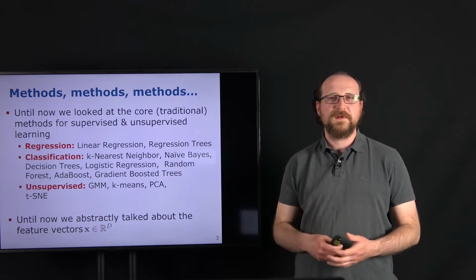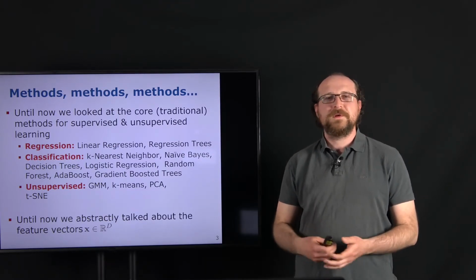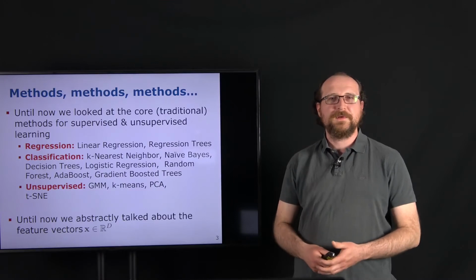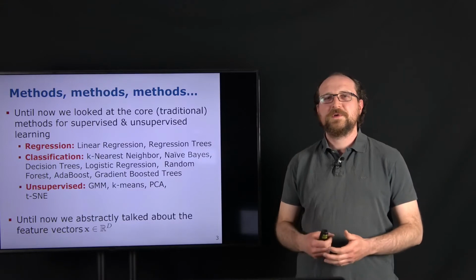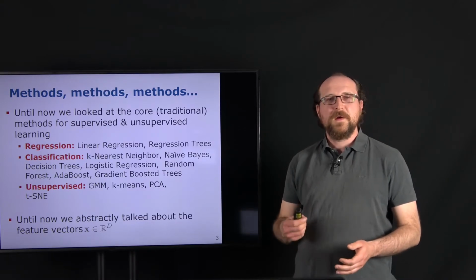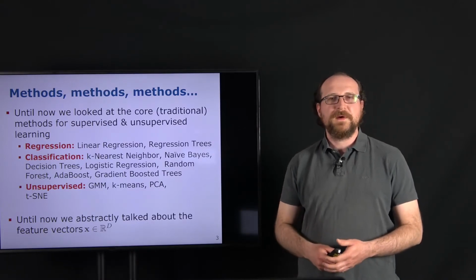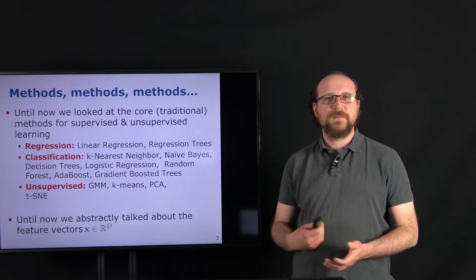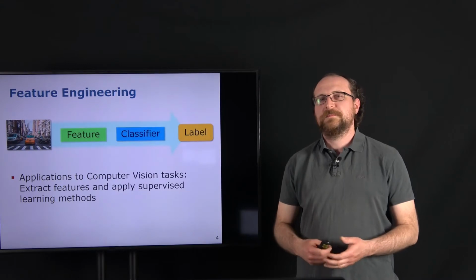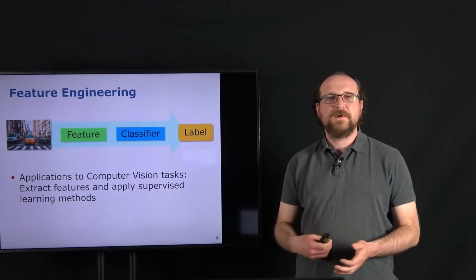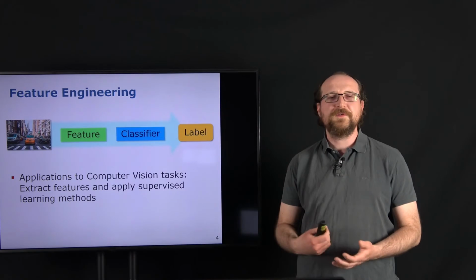Is it the image itself, which is maybe not a very good idea because an image is just represented by RGB values for each pixel? So therefore, we are now looking more at which features are used by these methods to actually do some interesting tasks. And for this, the specific term that often comes to mind is feature engineering.